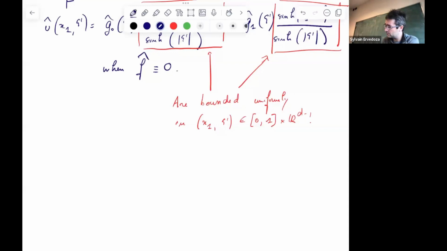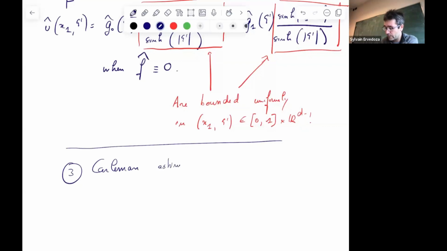But now what is Carleman estimate? So what's the idea? I will put a linear weight because it's easier to understand at first.